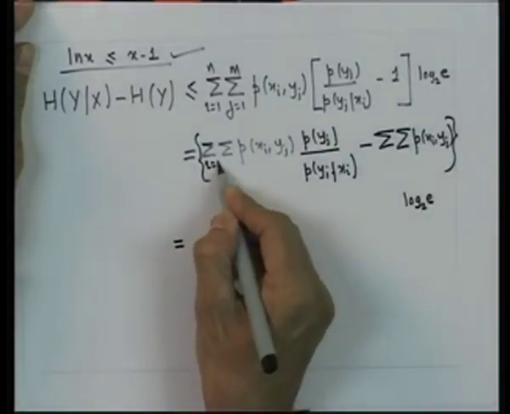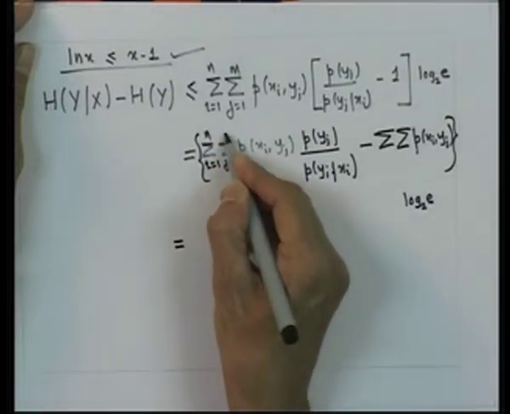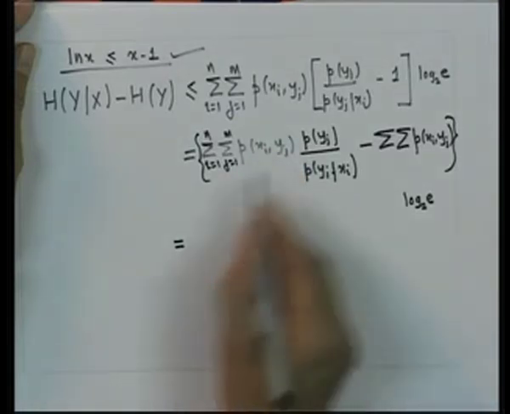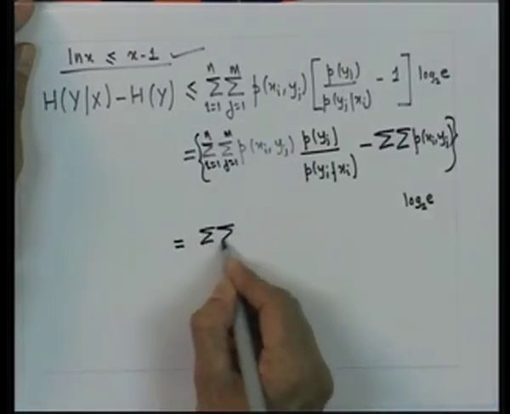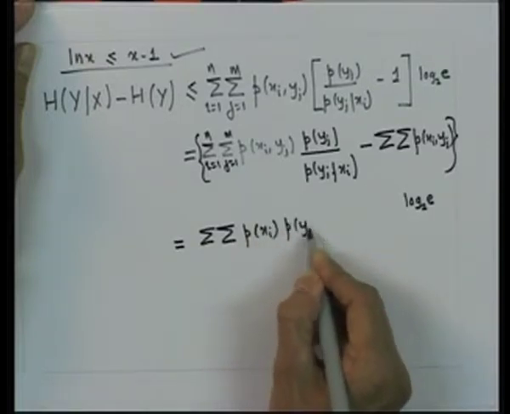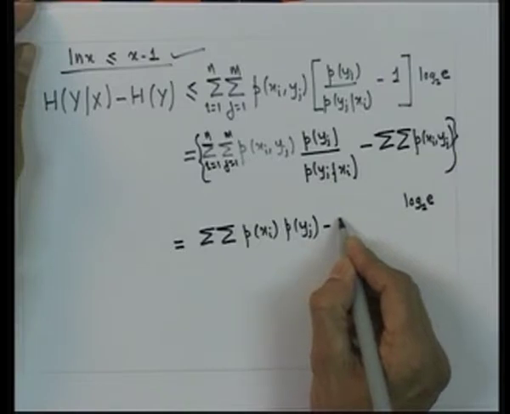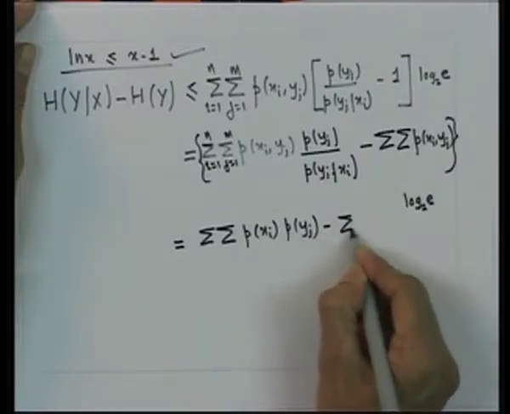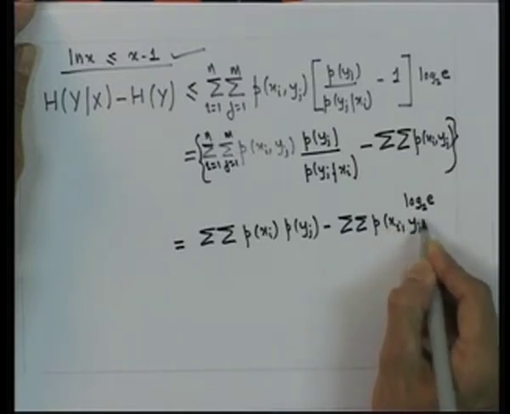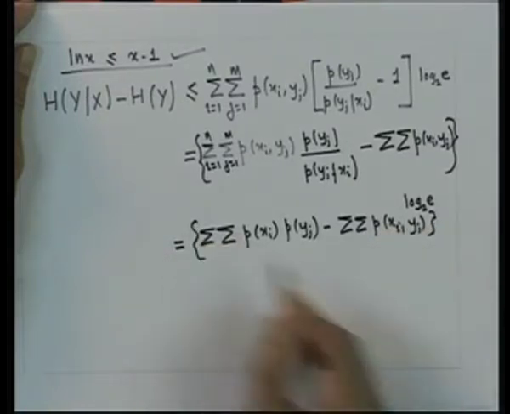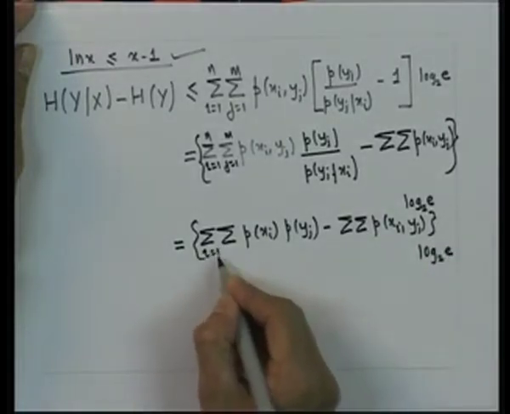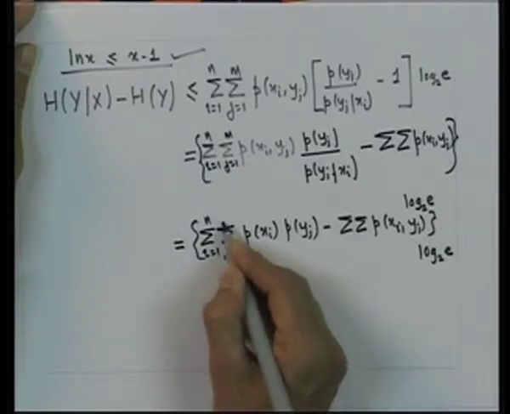Now, writing this expression using the Bayes theorem, we will get summation of probability of xi, probability of yj minus probability of xi yj, with i equal to 1 to n and j equal to 1 to m.